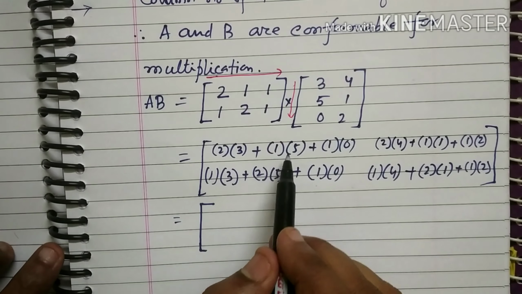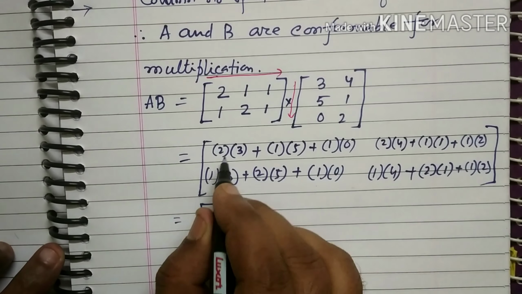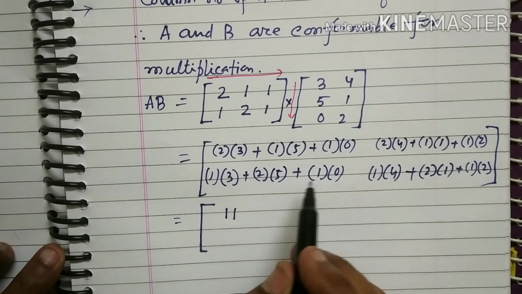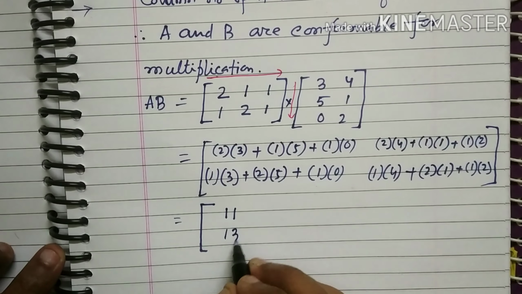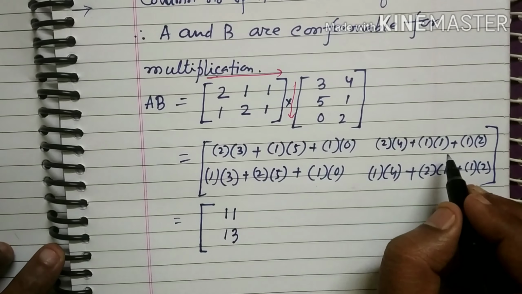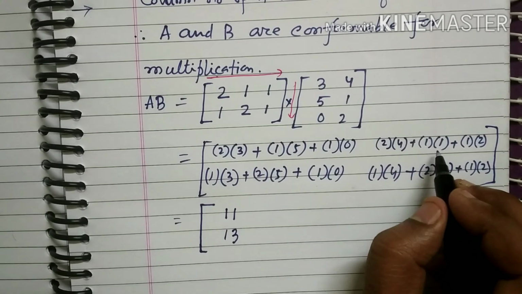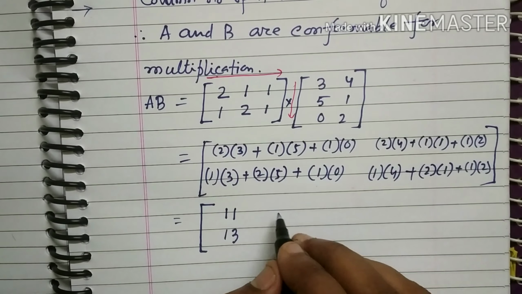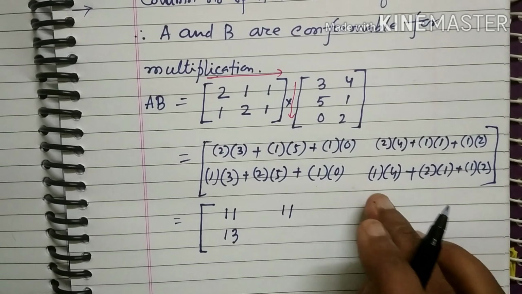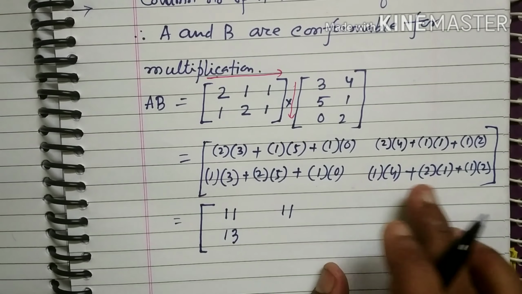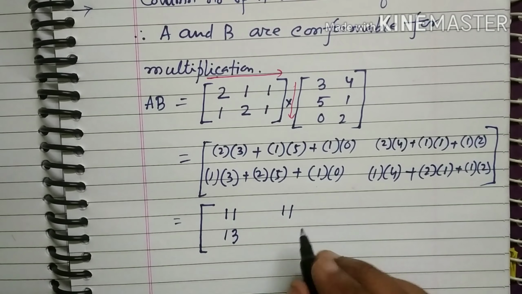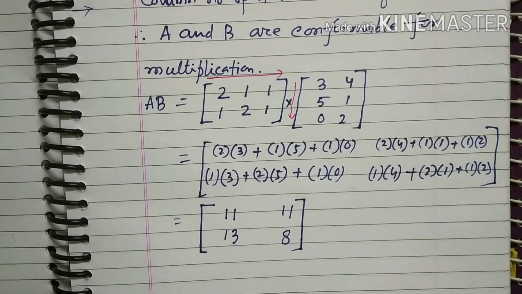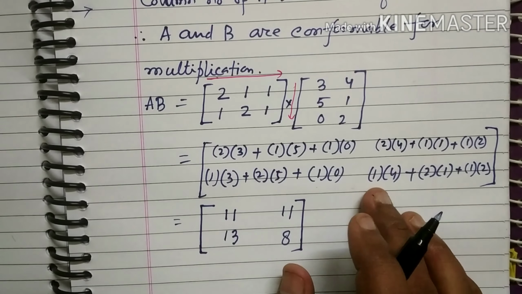That is 6 plus 5 plus 0, 11. 3 plus 10 plus 0, 13. 8 plus 1 plus 2, 9 plus 2, 11. 4 plus 2 plus 2, that is 8. So this is all about the calculation.